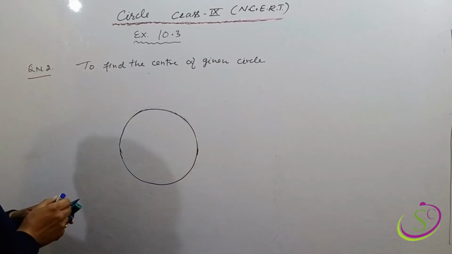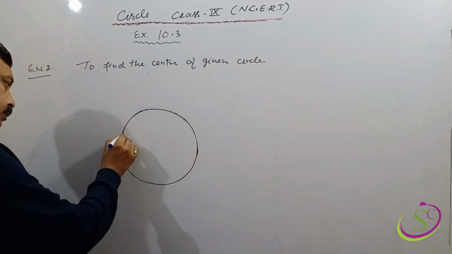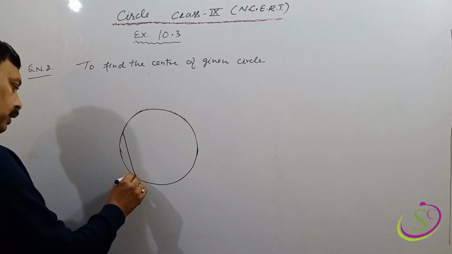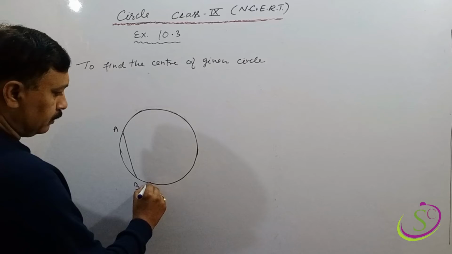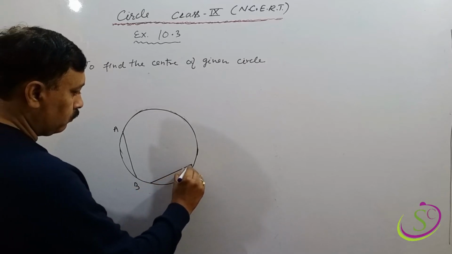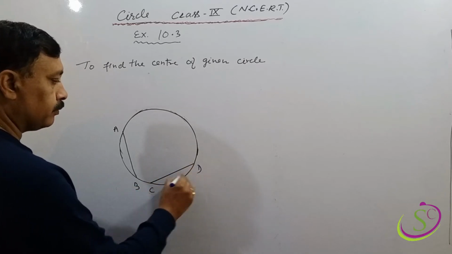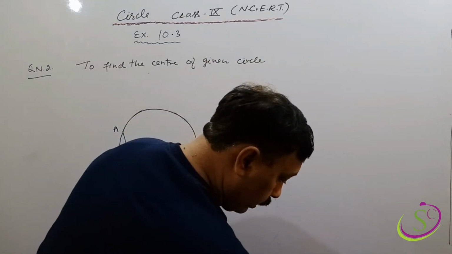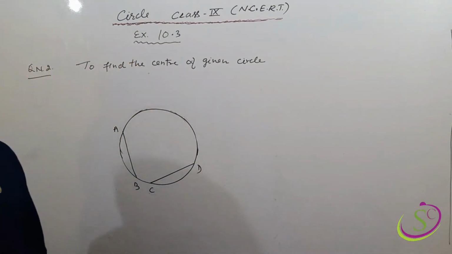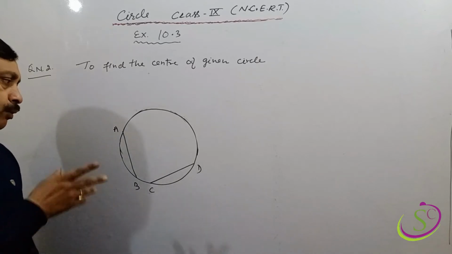Clear? So one chord is this, that is AB, and the other is CD. Clear? Now we have to draw the perpendicular bisectors of both the chords.